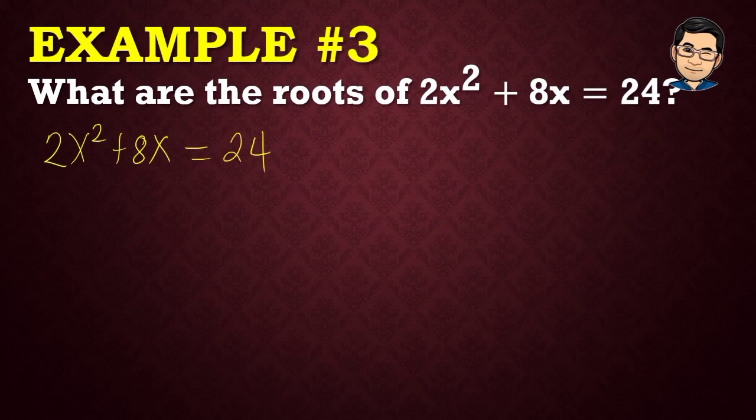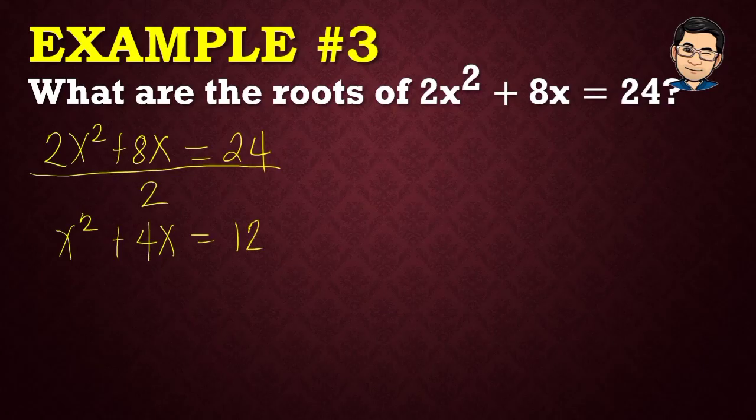So i-divide natin yung whole equation by 2. Okay, so magiging 2x squared divided by 2, x squared. 8x divided by 2, that is 4x, equals 24 divided by 2, 12. So, hindi na natin kailangan pang ilipat yung constant term sa right kasi nasa right side na siya.